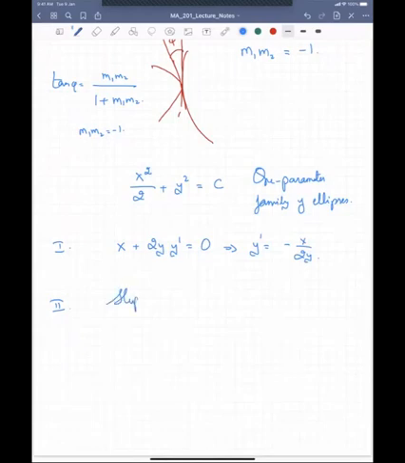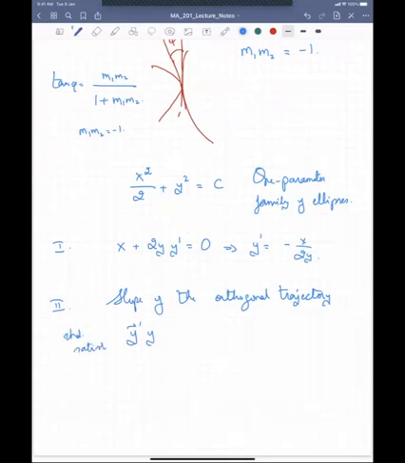So I know that the slope of the orthogonal trajectory, which I'll call y prime tilde, should satisfy: if the product of these two has to be -1, then there is already a minus sign here, so this has to be basically the inverse of this at that particular point.